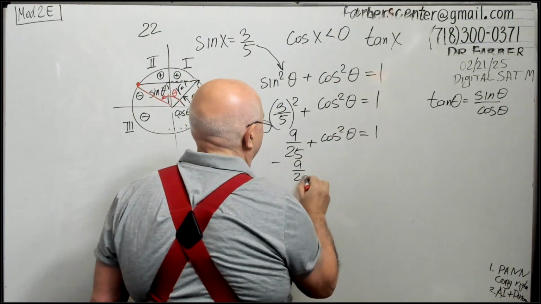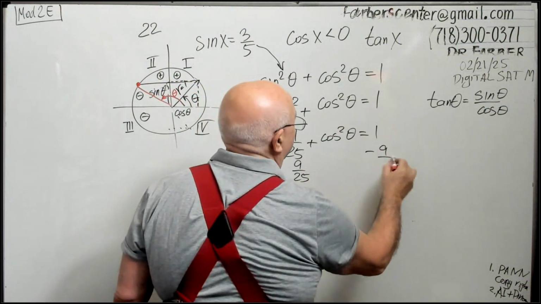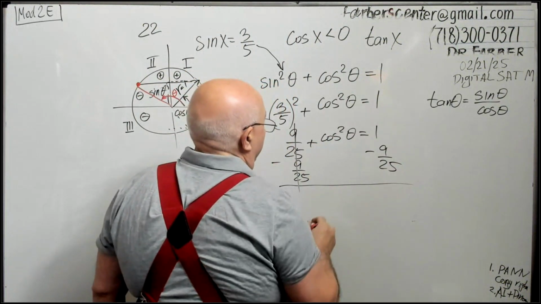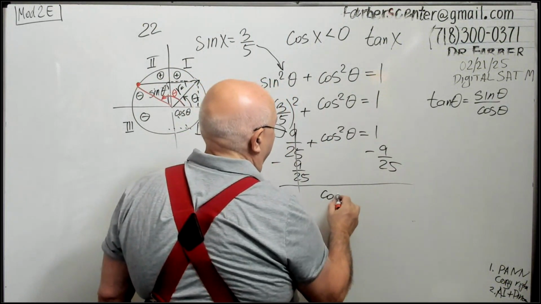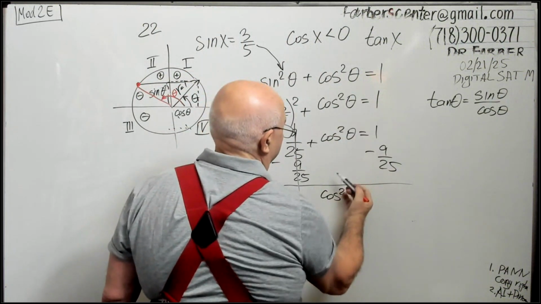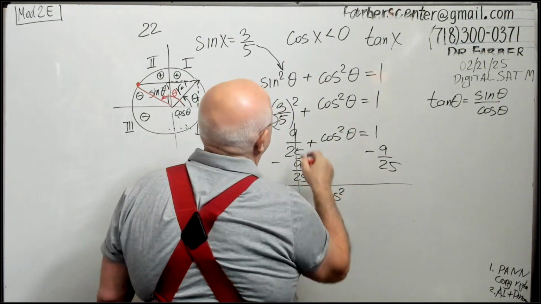Minus 9/25 from both sides, cancel, bring down cosine squared of x. Actually, this is x in general format.